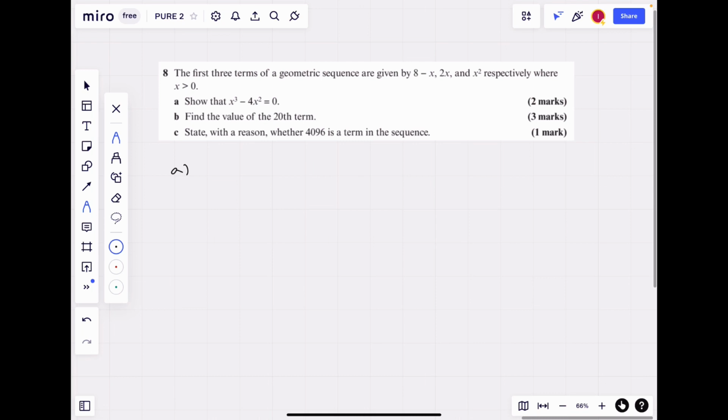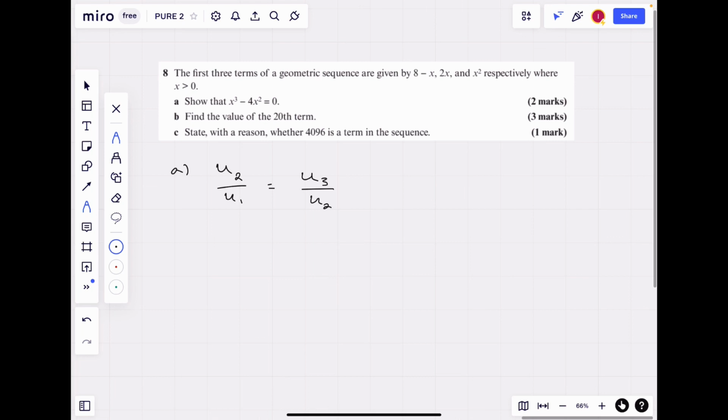Here's what you can do. You can equate the ratio between term 1 and 2 and term 2 and 3. So let's say u2 over u1 equals u3 over u2. That's kind of like a formula which you can use.